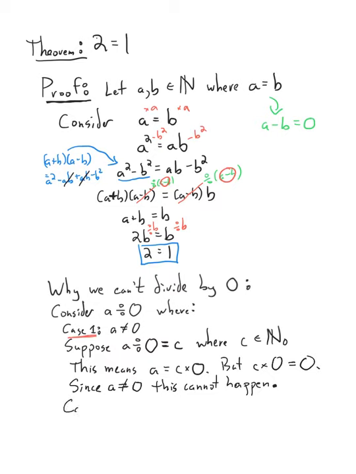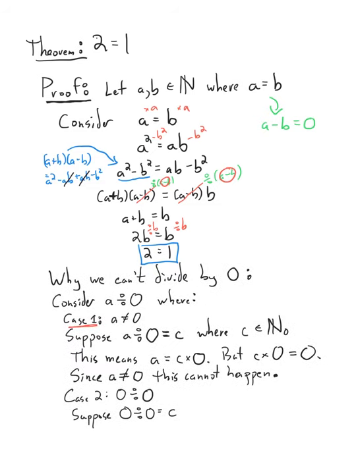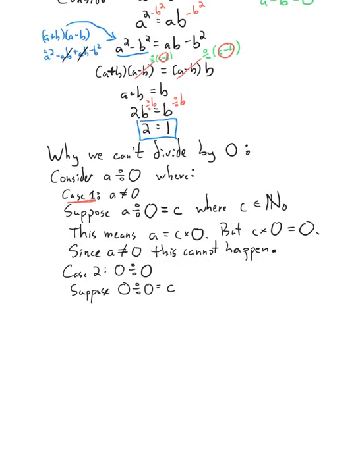And case 2, let's say maybe 0 divided by 0 makes sense. Let's check. Let's do 0 divided by 0. Well, again, let's suppose that 0 divided by 0 equals some c. What does this mean?